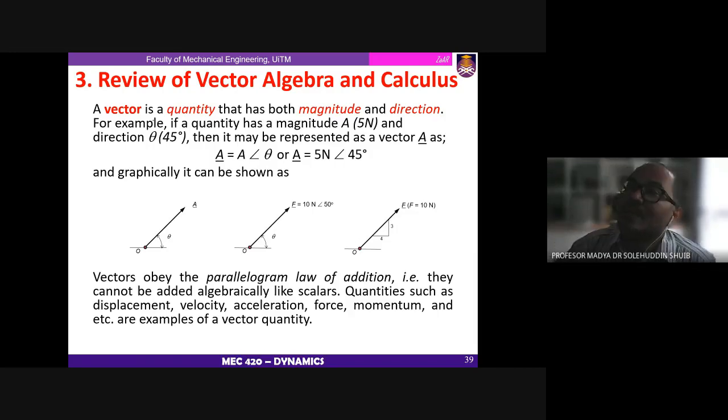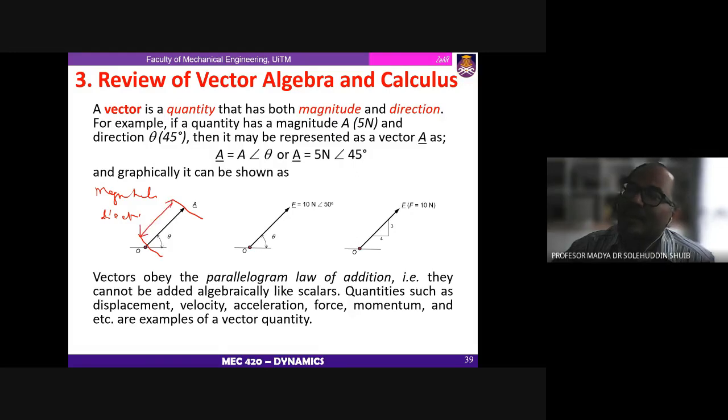So as we know, vector is a quantity. We have the magnitude and direction. This is vector. When we say magnitude, it means it has a distance. What will be the distance or the magnitude of it?